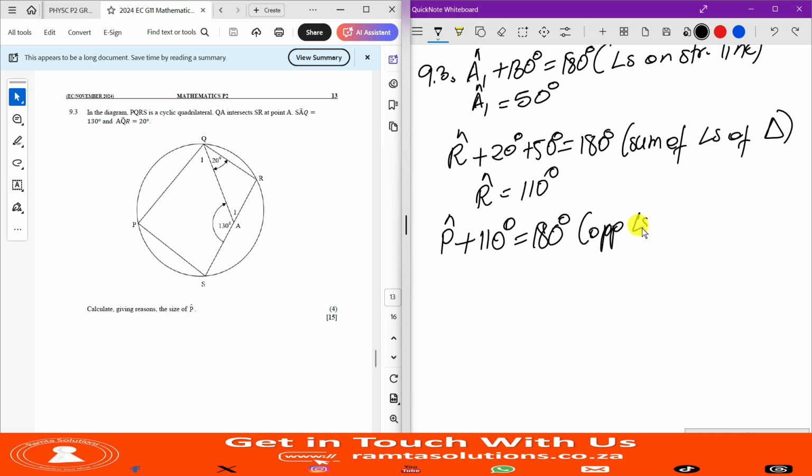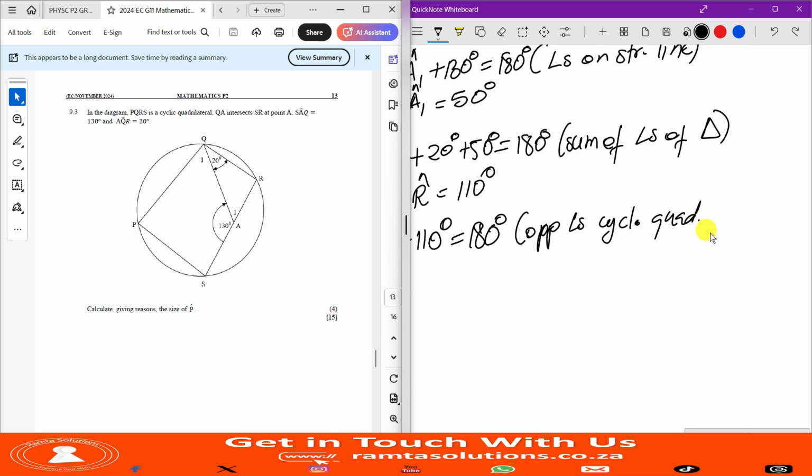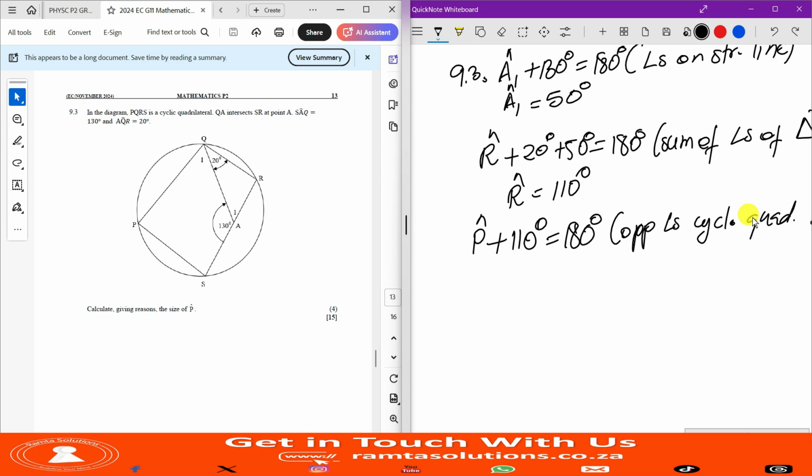Opposite angles of the cyclic quad are supplementary. Therefore, we can say angle P is 70 degrees.